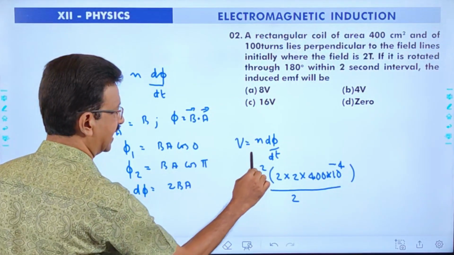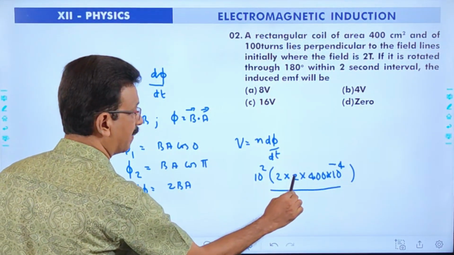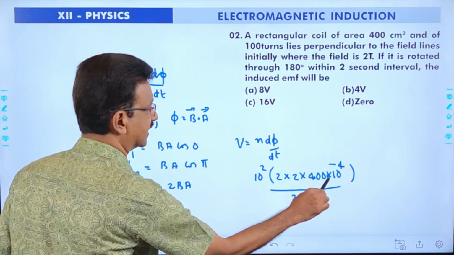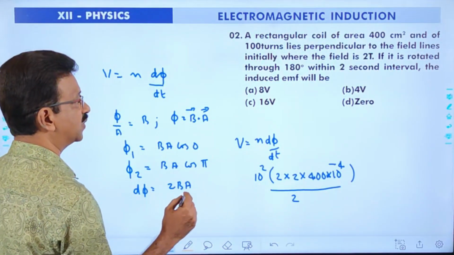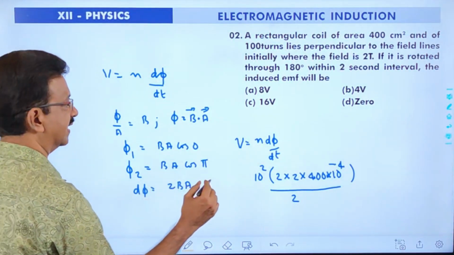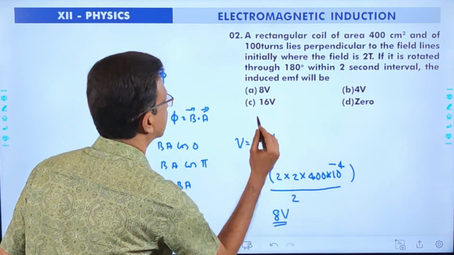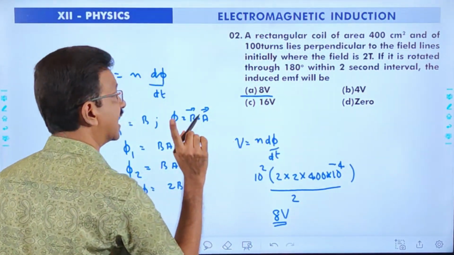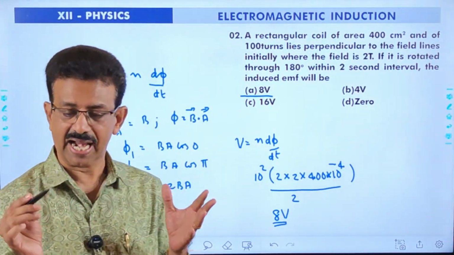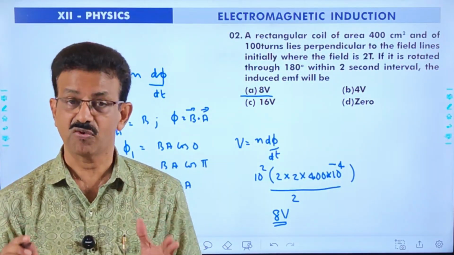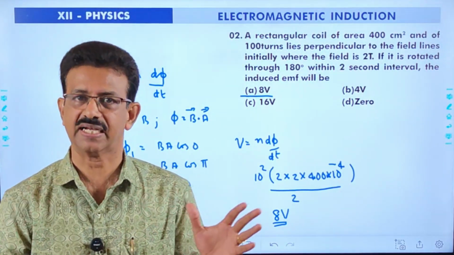Now, the answer is 8 volt. Therefore, the correct choice is 8 volt, or A choice is the correct answer. This is also an application of Faraday's law.